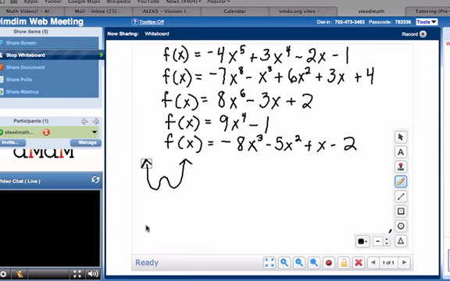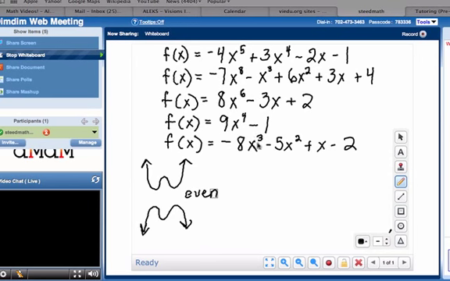Or it might look like this: if it's falling to the left, it's also falling to the right. So even functions both go off to infinity in the same direction: rising to the left and rising to the right, or falling to the left and falling to the right. So these are even.